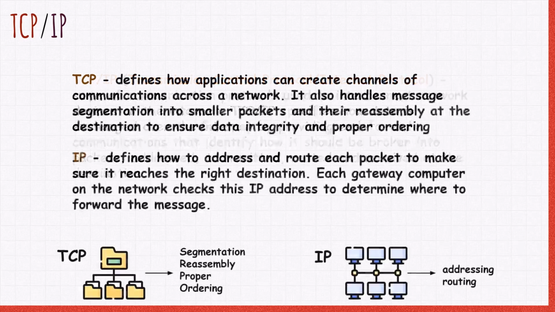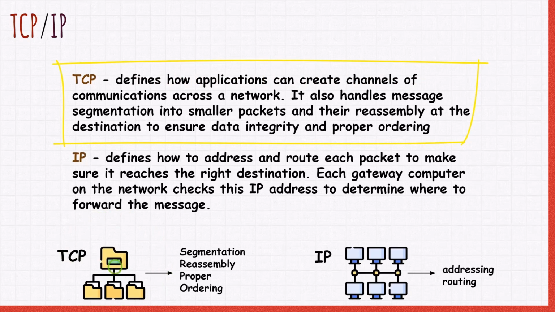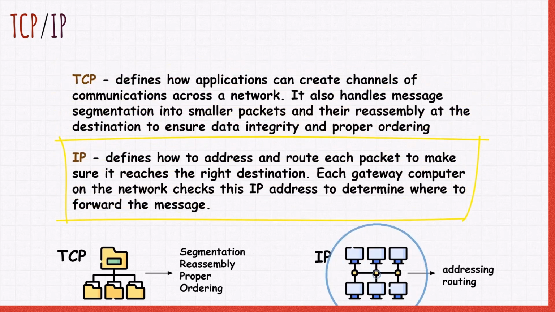Now, the two main protocols in the IP suite serve specific functions. TCP defines how applications can create channels of communication across a network, and TCP also handles message segmentation into smaller packets and their reassembly at the destination to ensure data integrity and proper ordering. IP, on the other hand, defines how to address and route each packet to make sure it reaches the right destination.